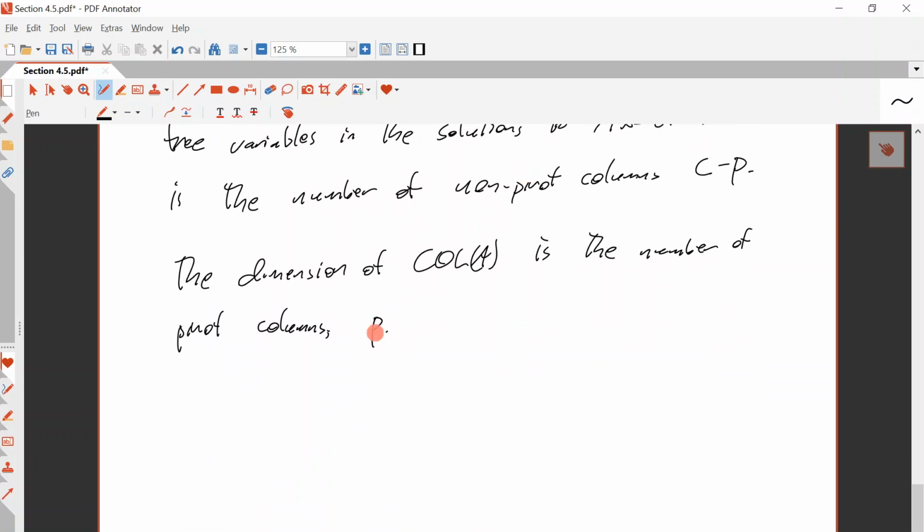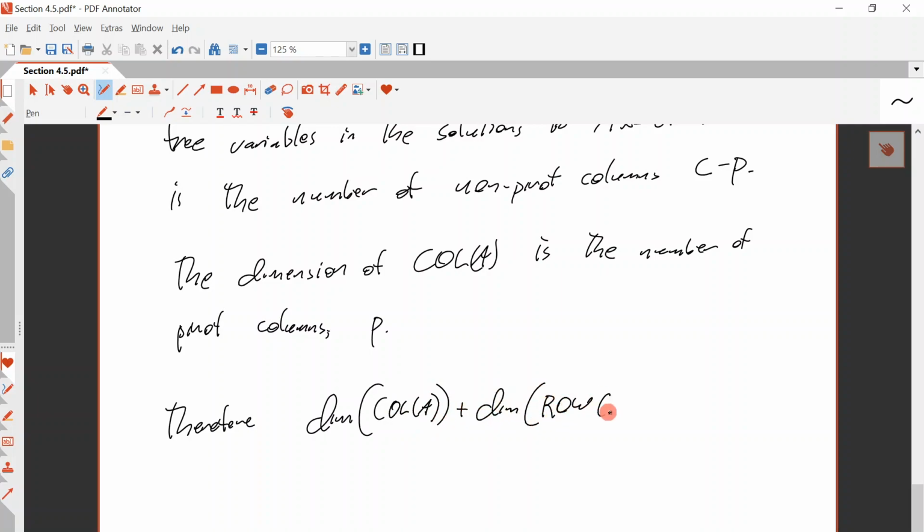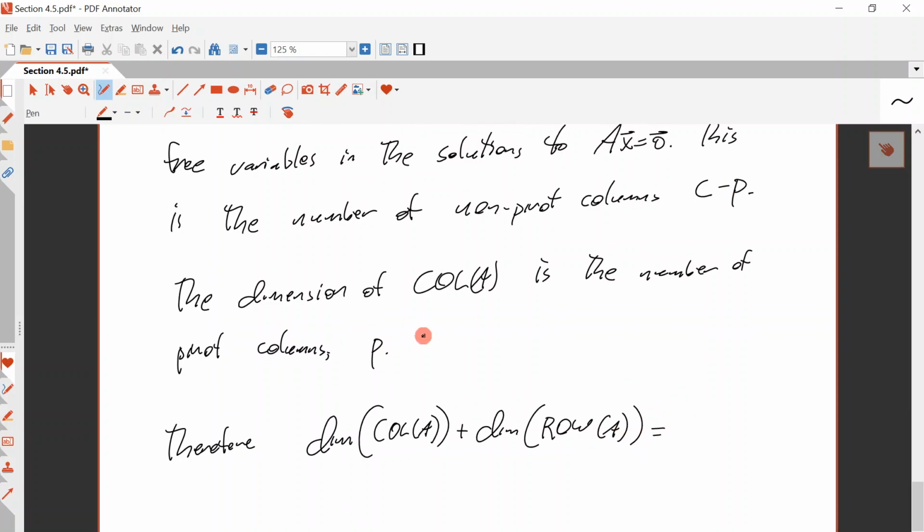Therefore, what I was saying in a previous lecture is the dimension of the column space of A plus the dimension of the null space of A is equal to C minus P plus P, just the number of columns of A. Always.